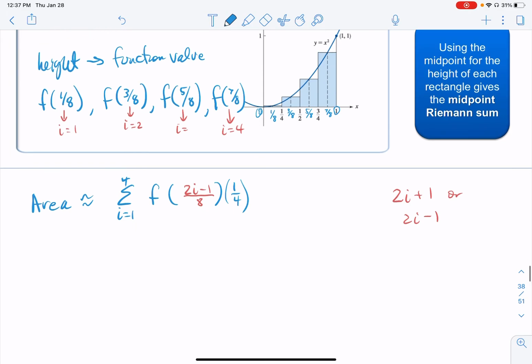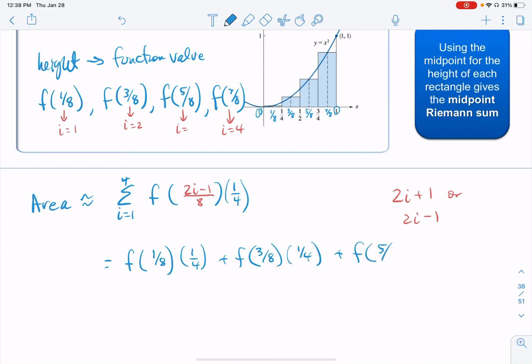But for right now, if I'm going to add up all of these things, it's essentially just f of 1/8 times 1/4 plus f of 3/8 times 1/4, f of 5/8 times 1/4, and then finally f of 7/8 times 1/4.